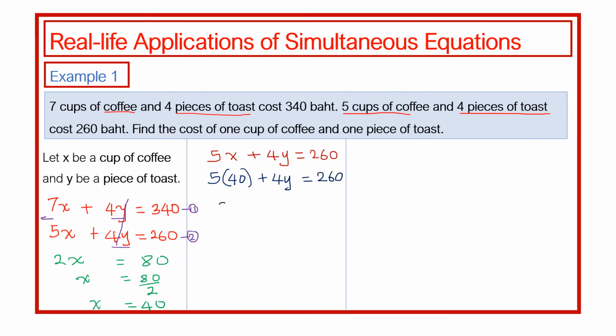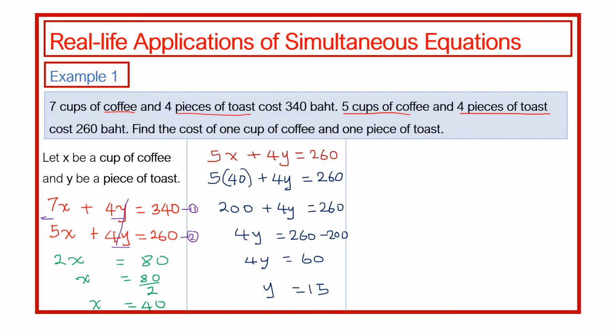So that is 200 plus 4y equals 260. So 4y equals 260 minus 200. So 4y is equal to 60. And y equals 15, 60 divided by 4.